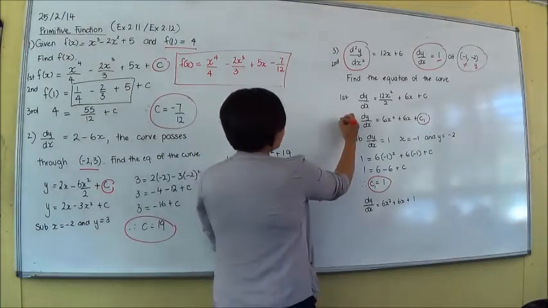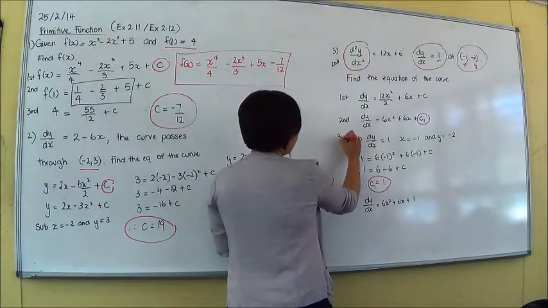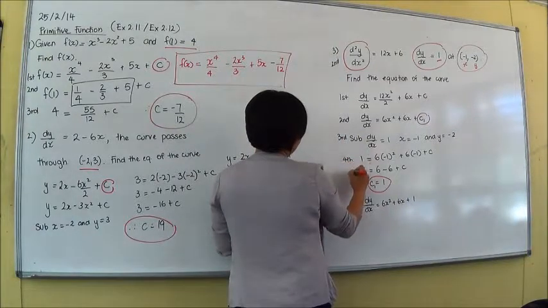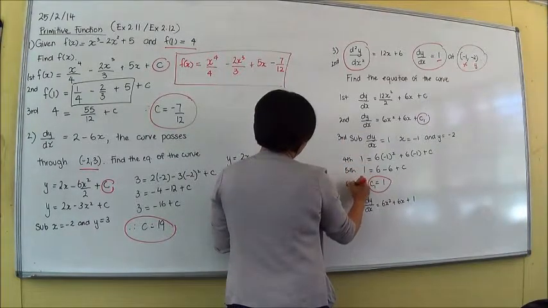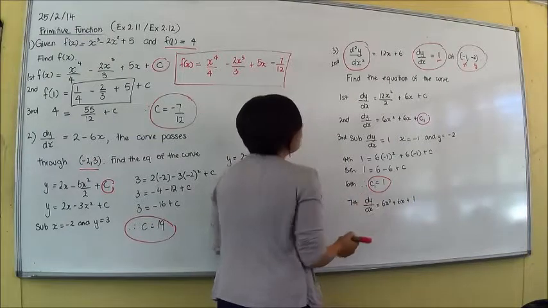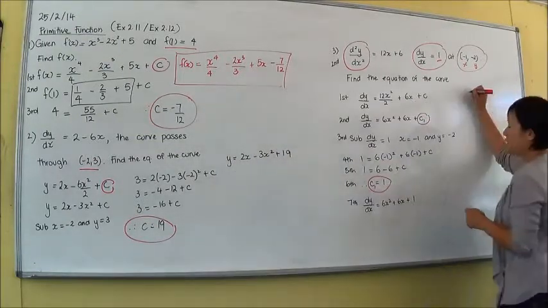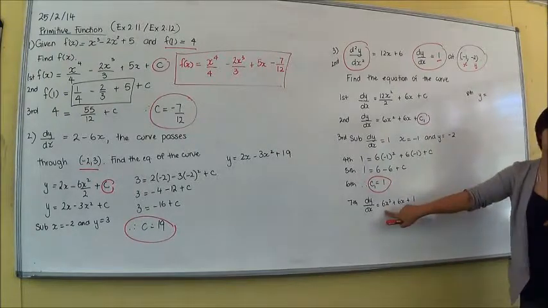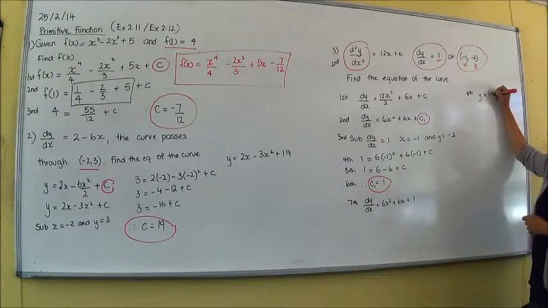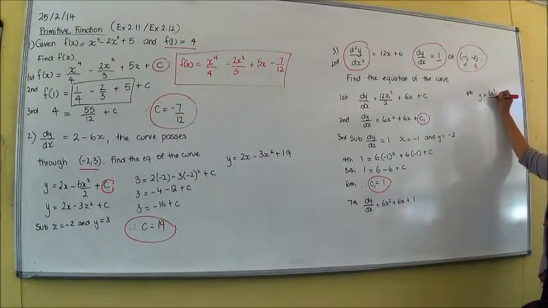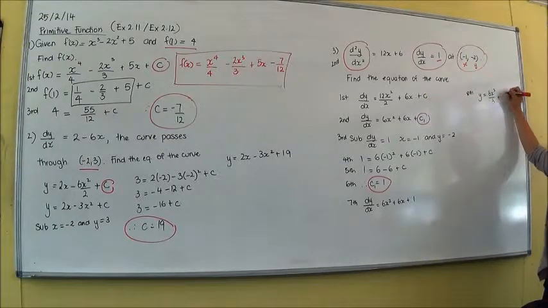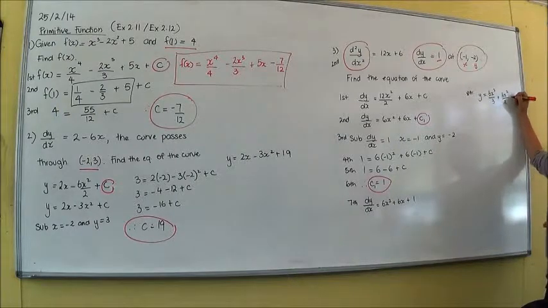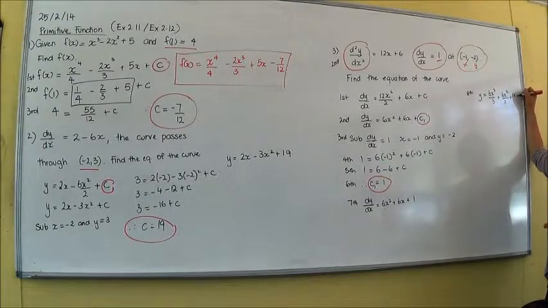So integrating this, 6x cubed over 3 plus 6x squared over 2 plus 1x, plus c.